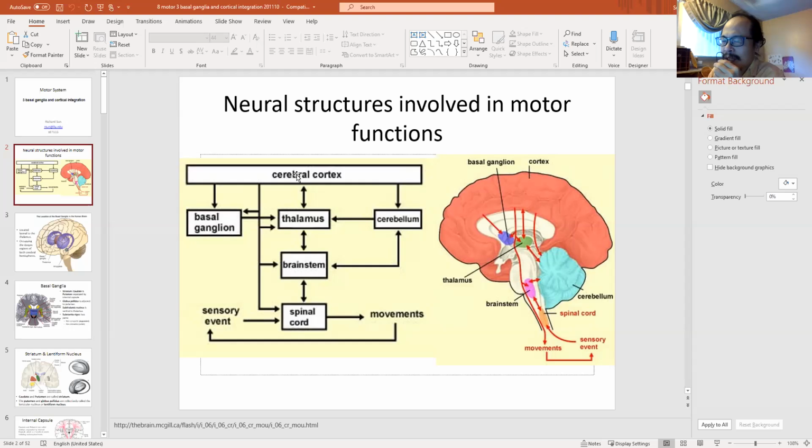With this in mind, you can know that the basal ganglia, the one we are going to talk about, receive signal from the cerebral cortex only. It's not like everything else, which receives signal from the spinal cord, from the brainstem, from the vestibular, from the sensory.